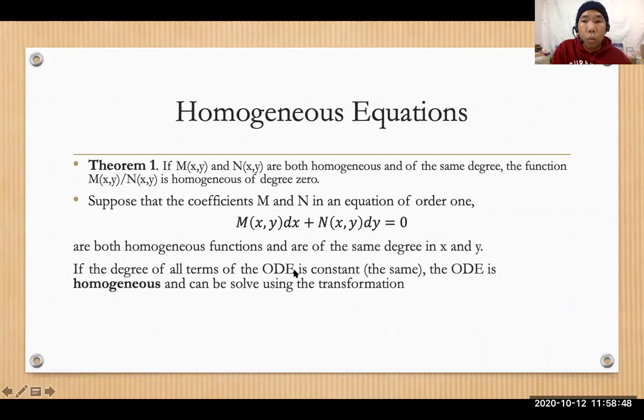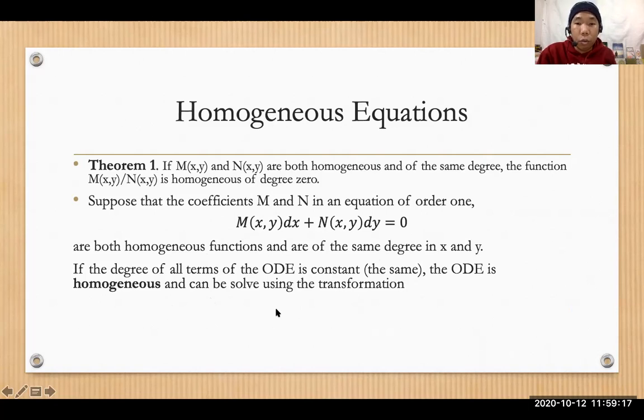Now, what are the steps? What is the process in solving homogeneous equations? Let's recall: if the degree of all terms of the ordinary differential equation, since we're solving a first order DE, is constant or the same, the ODE is homogeneous and can be solved using a transformation.